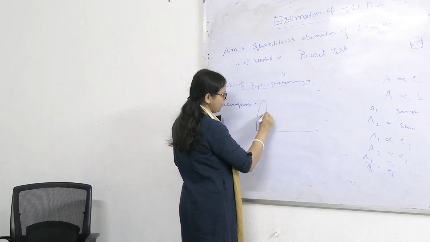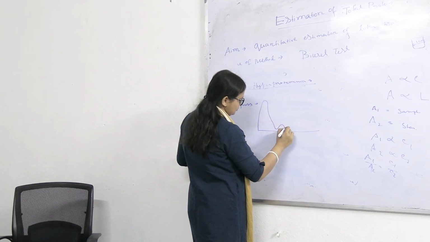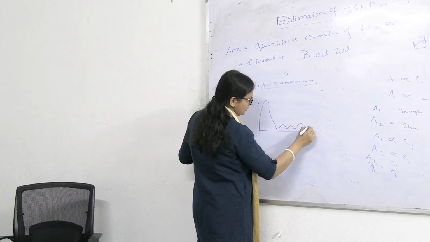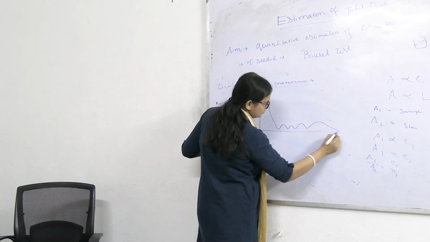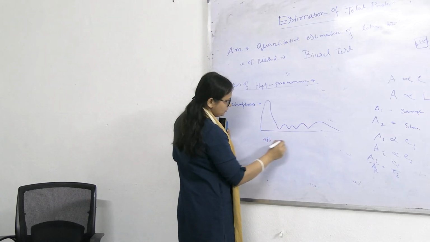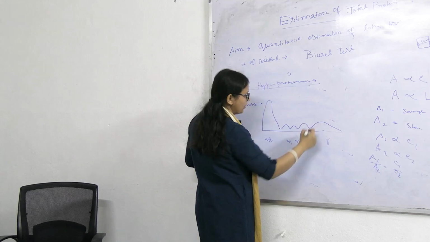This is for albumin. First there is albumin, then alpha 1, then alpha 2, then beta, then gamma. Albumin, alpha 1, alpha 2, beta, and this is the gamma region.